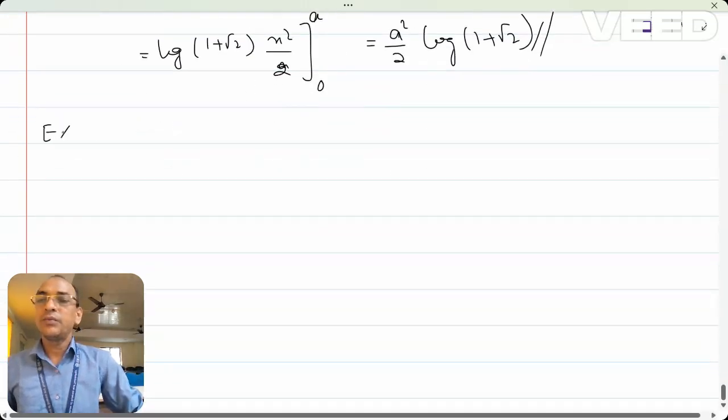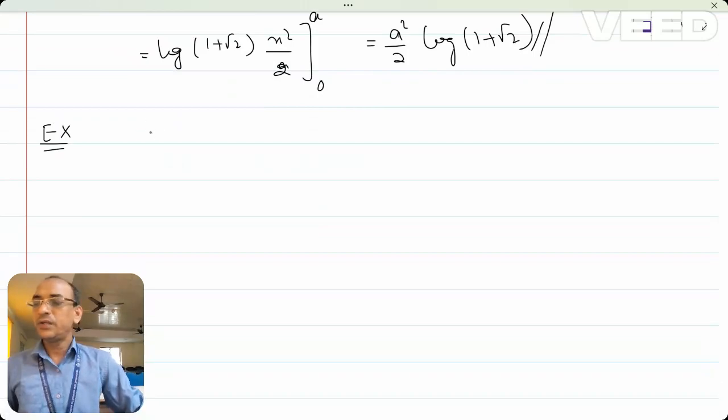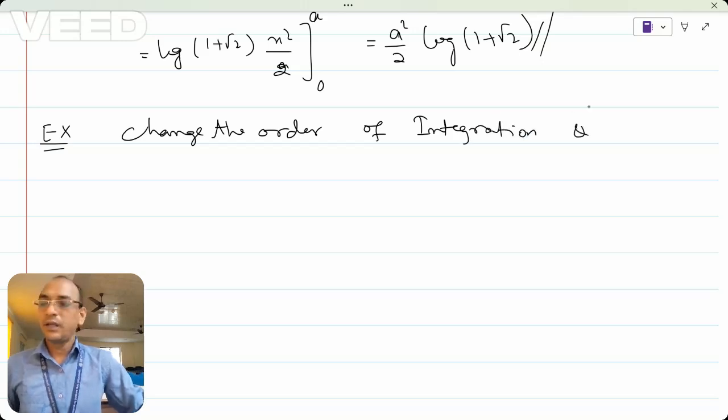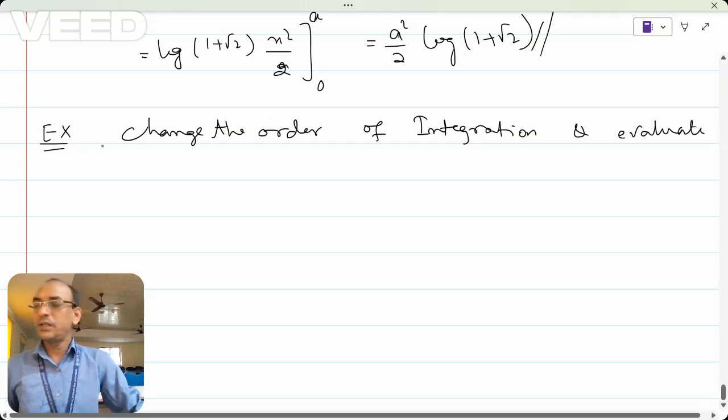So another example is: change the order of integration and evaluate. So what is the original integration?